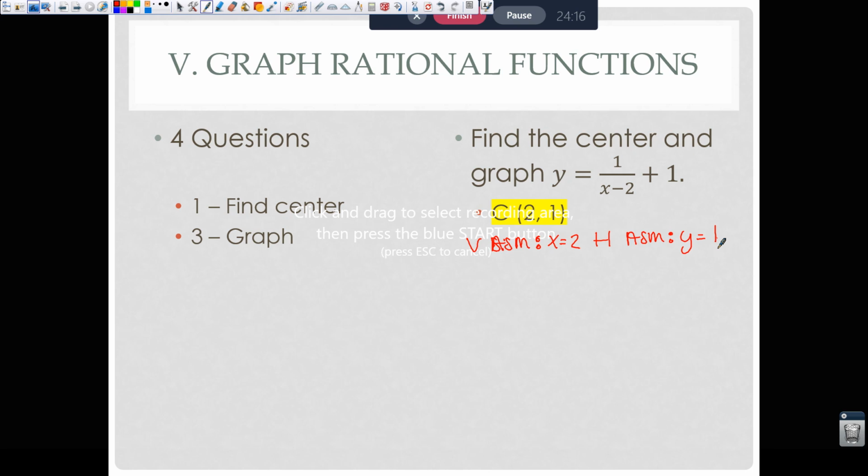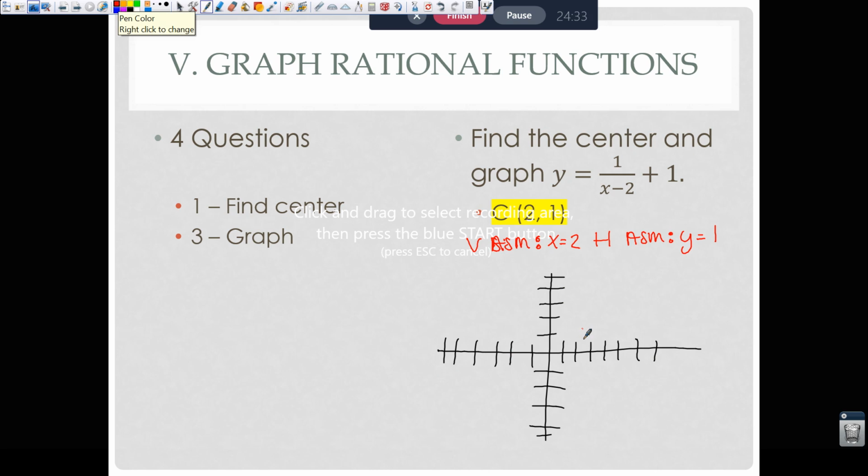Okay, so let's look at how that would look. So I'm going to draw my little graph. Okay, so my vertical asymptote x equals 2 would be here. So my graph I know is never going to cross there. And y equals 1, my graph is never going to cross there.